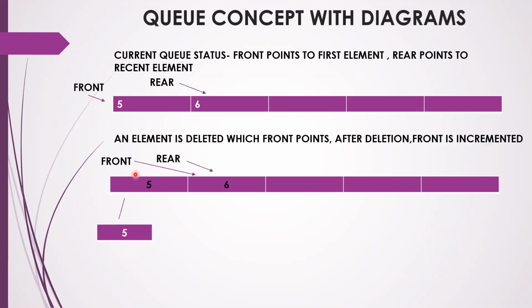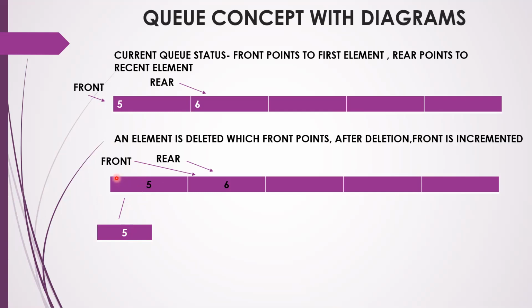Now, if you see, this is the current queue status. In the index 0, we have 5. In index 1, we have 6. Rear is pointing to 6. Front is pointing to 5. Now, I want to delete an element from the queue. So, an element is deleted, which front points to. So, the 5 will be deleted.